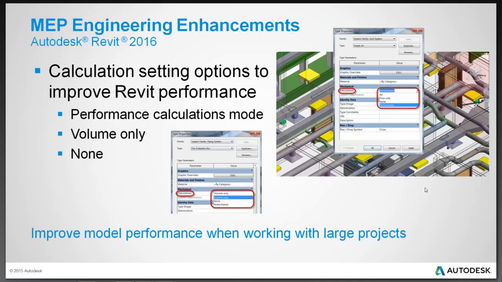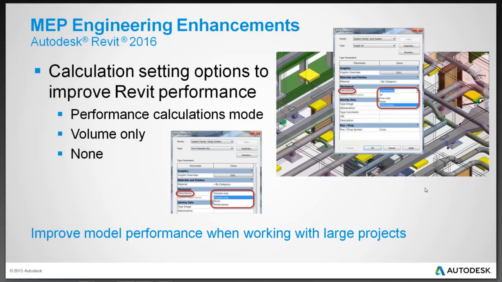When your calculations parameter is set to performance, it suppresses the processing of system level calculations with most duct and pipe systems, in the end allowing your model to work a lot quicker and a lot smoother by disabling calculations that you wouldn't be using anyways.